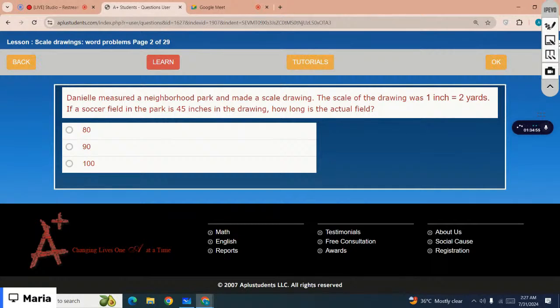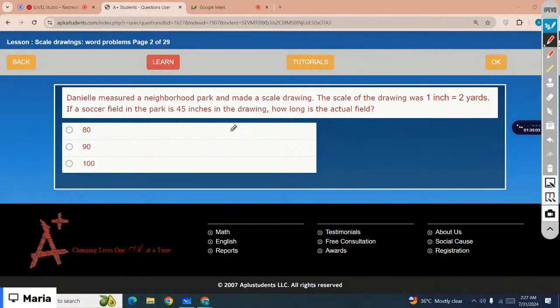Daniel measured a neighborhood park and made a scale drawing. The scale was 1 inch equals 2 yards. If a soccer field in the park is 45 inches in the drawing, how long is the actual field? Now you are given the length in the drawing, right? You need to find how long it is in the actual field. So 2 times 45 is 90.